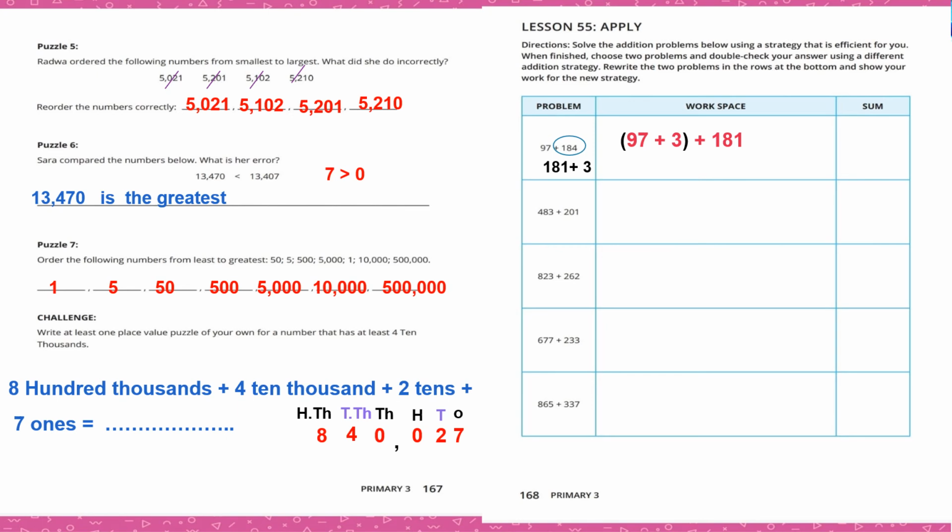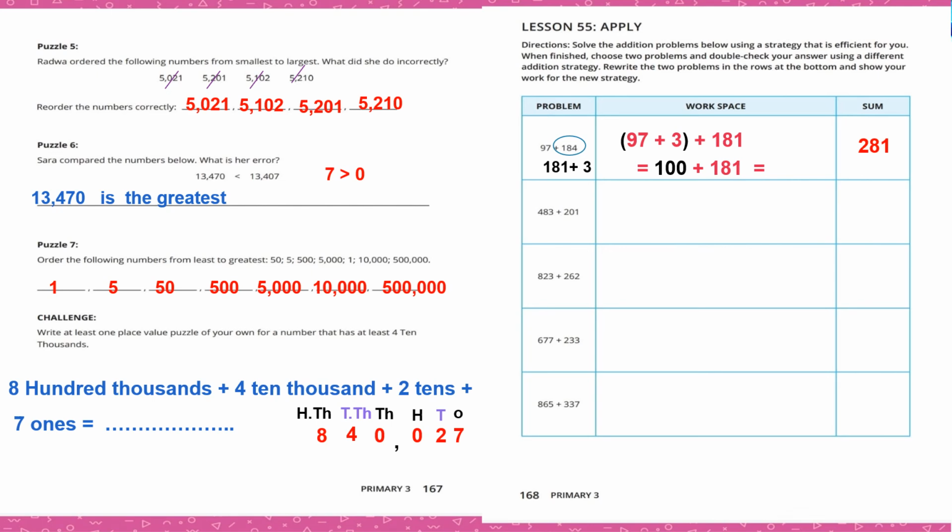When we have brackets, you should solve them first. 97 plus 3 equals, after 97: 98, 99, 100, and put 181 as it is. Here I get whole tens to be easy and you can solve it mentally. Okay, so 0 plus 1, 1. 0 plus 8, 8. 1 plus 1, 2. So the sum here is 281.